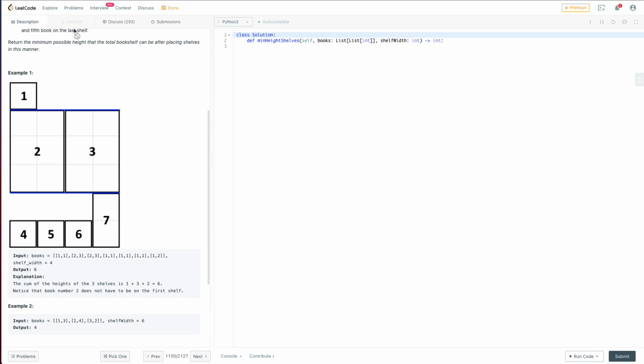Here, what if we did like this, and then this, and so we did this, the height is 3, and then we did 1, 2, 3, 4, 5, 6, 7.